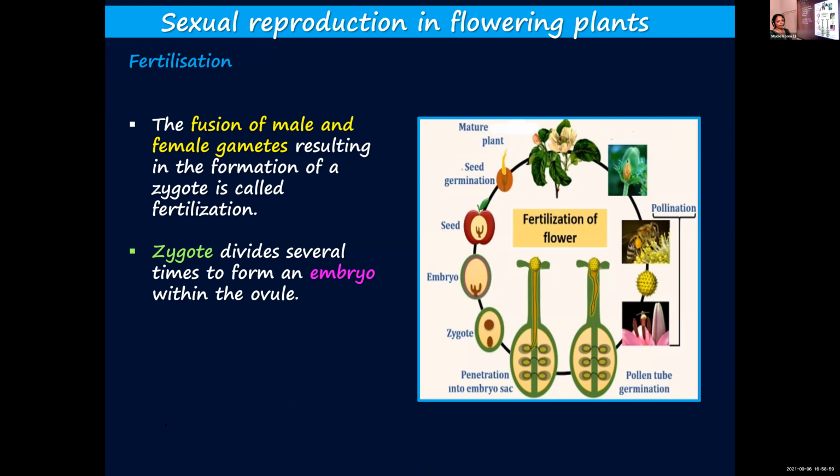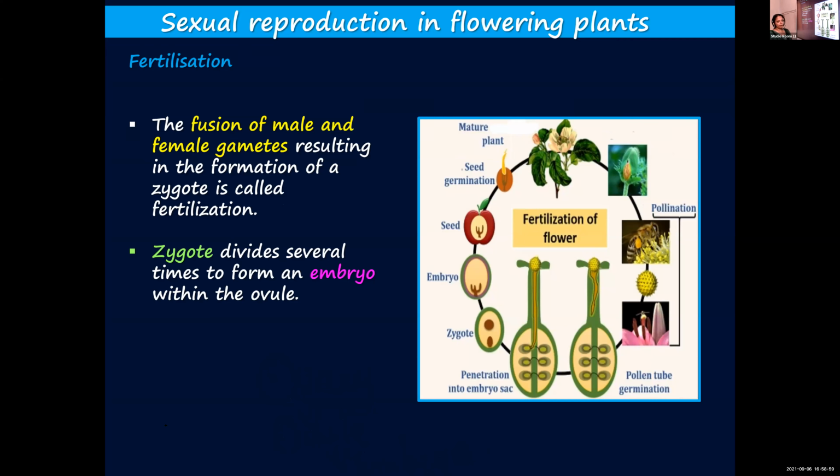A new organism will be formed from this embryo. Once again, I will show you the points. Fertilization is the fusion of male and female gametes. Once they fuse, a zygote will be formed. Zygote is a single cell. It will divide and form a multicellular embryo. From this embryo, a new individual will be formed.